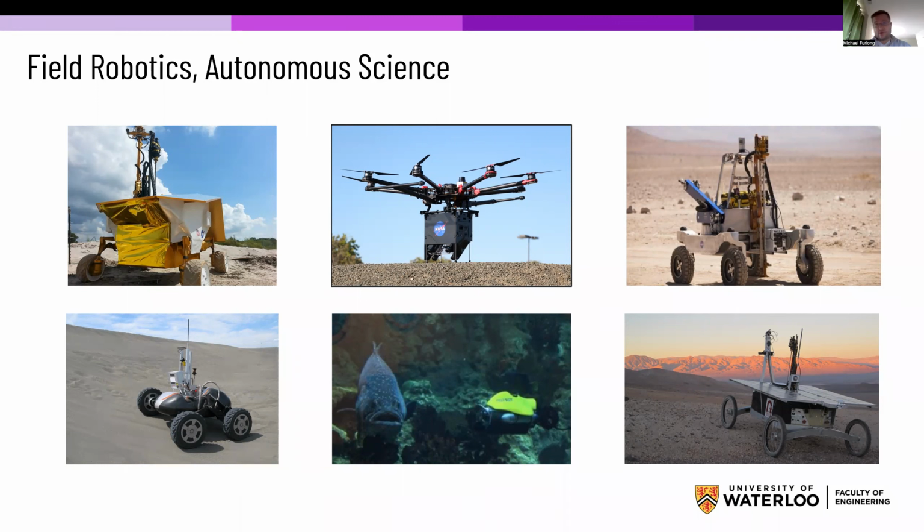These are just some of the robots that I worked on while I was there. This is the setting and context of getting robots to do science on behalf of scientists, who are people, when they can't necessarily communicate with the scientists reliably.